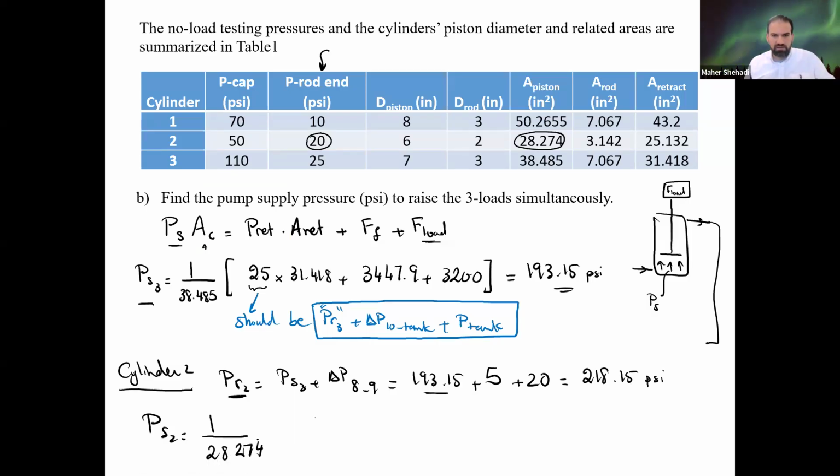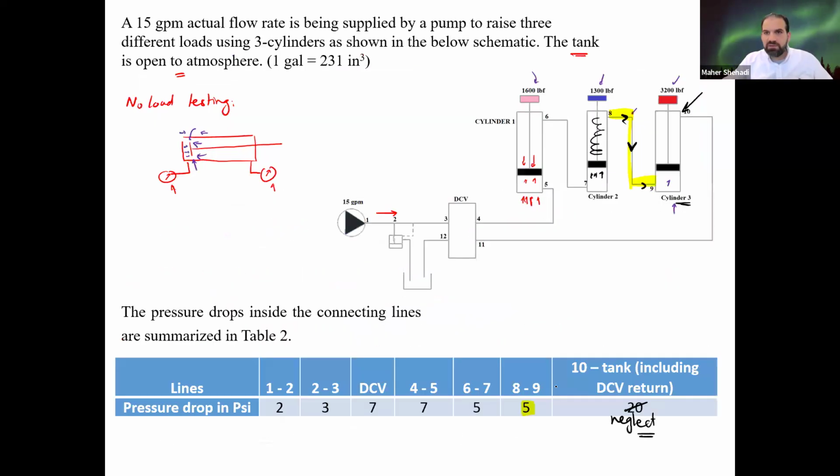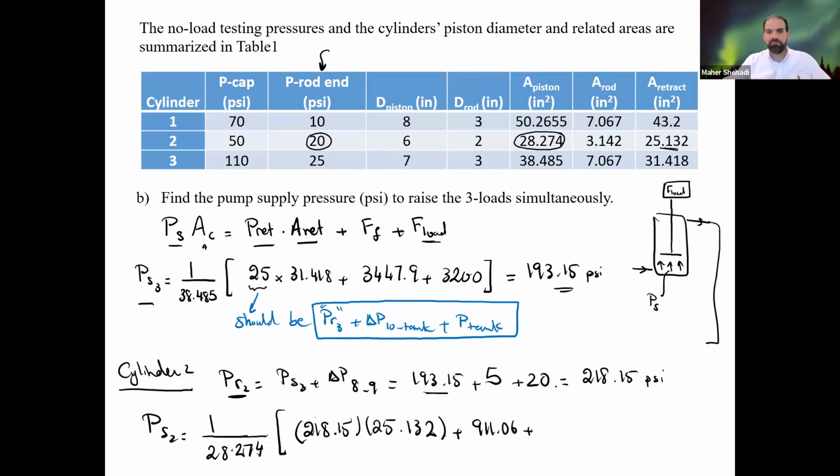All right, we'll take the 218, that's my P retract 2. A retract 2 is 25.13, plus the frictional loss, which is 911.06. And then what's the load? 1,300 pounds on cylinder 2.